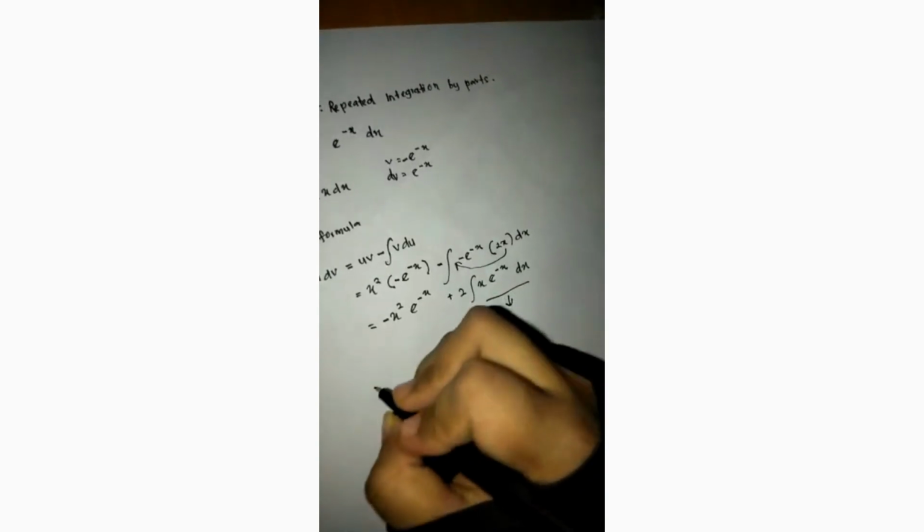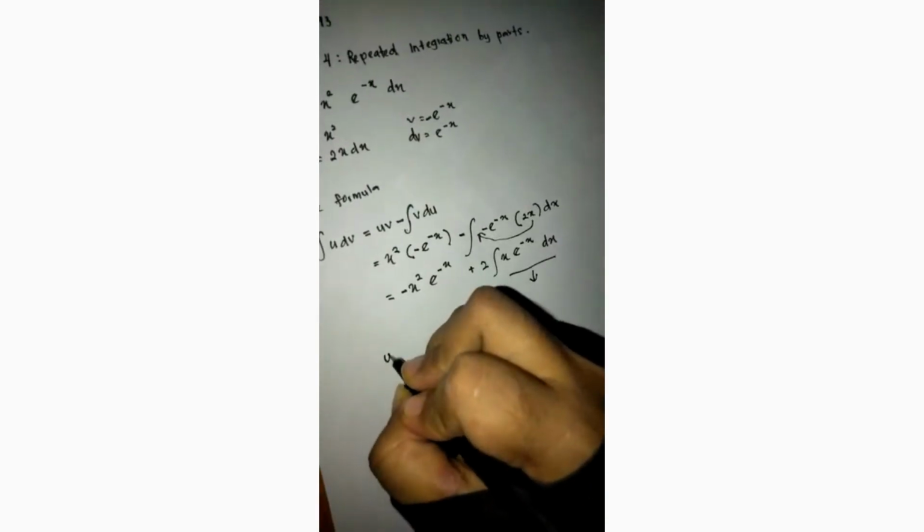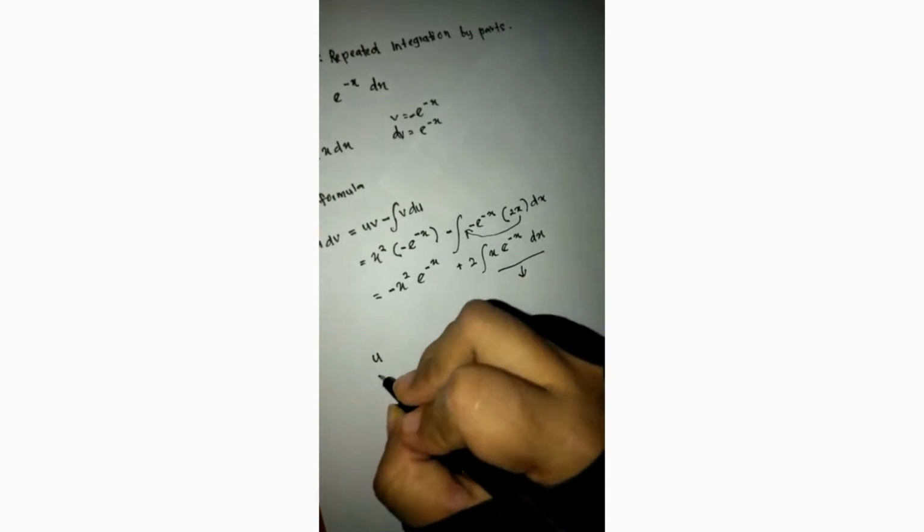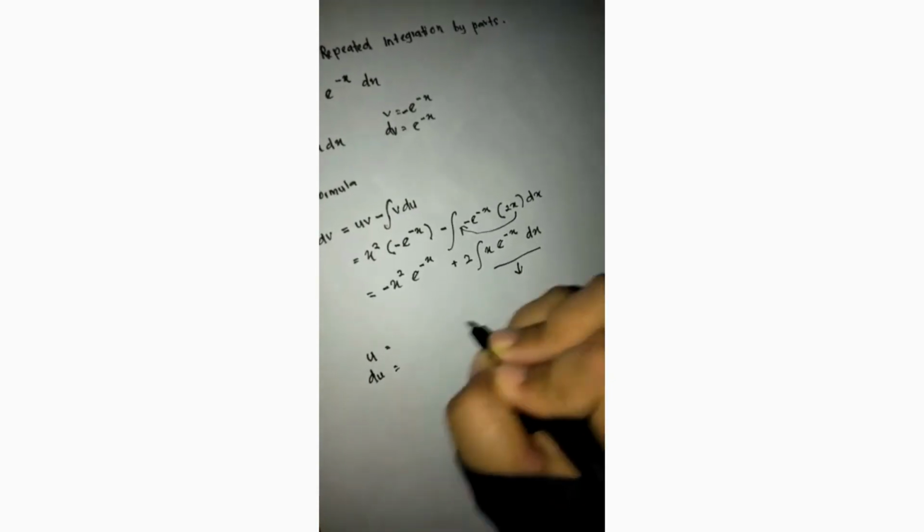From this answer, we find out u, du, v. From this, we use the same formula. We take this and write down here.